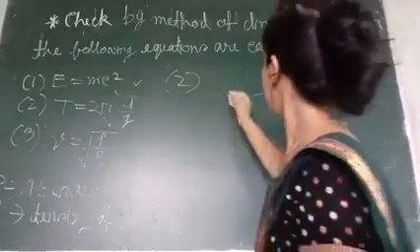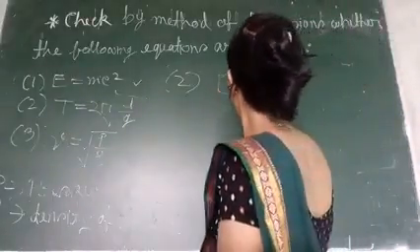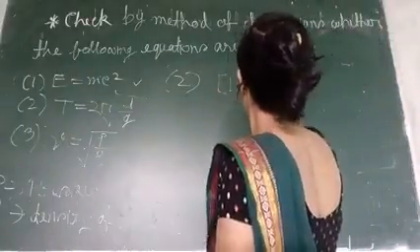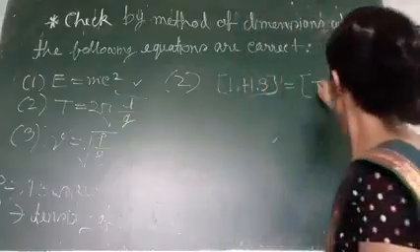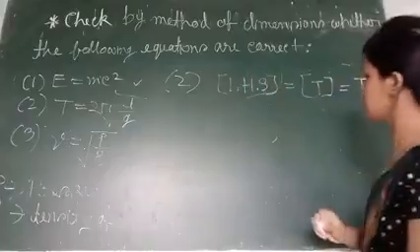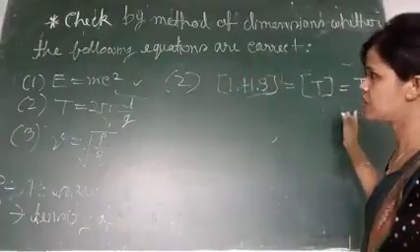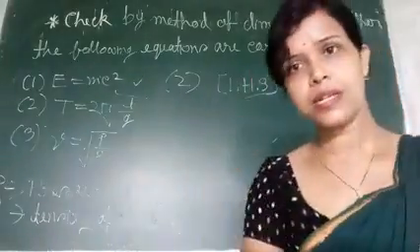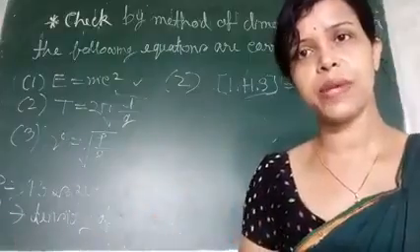That is why for the left hand side, the dimension of T we will write in this way: T. This is not surface tension, this is the tension generated in the string of a simple pendulum.